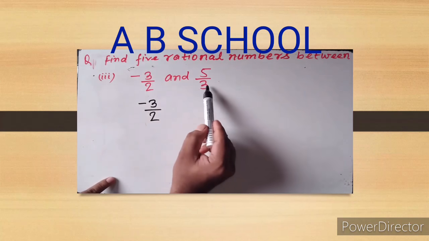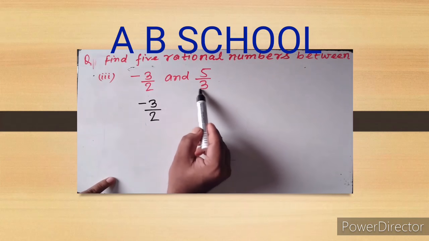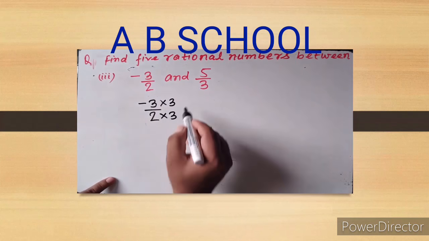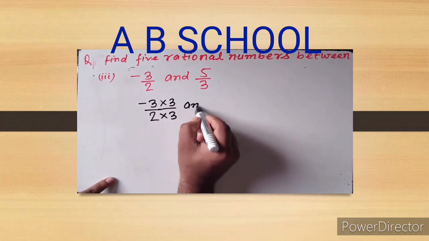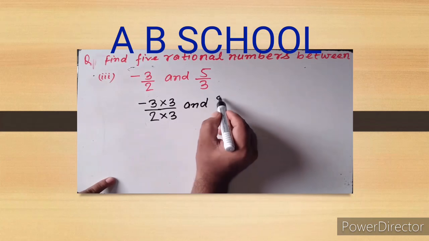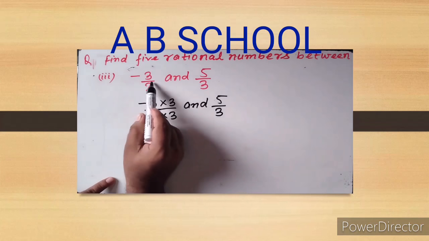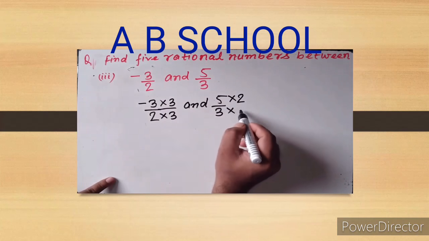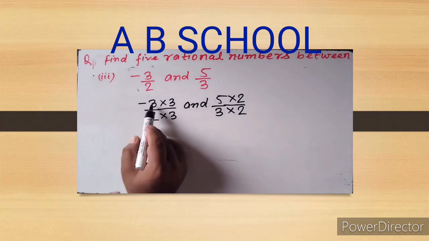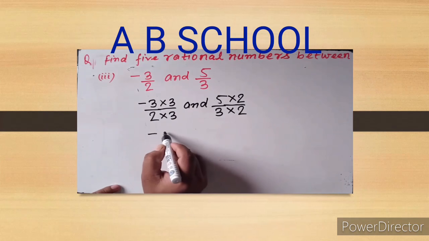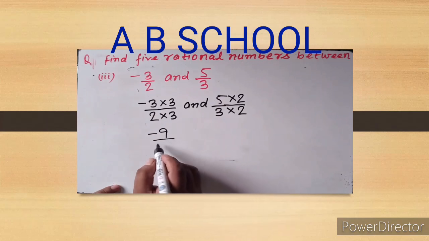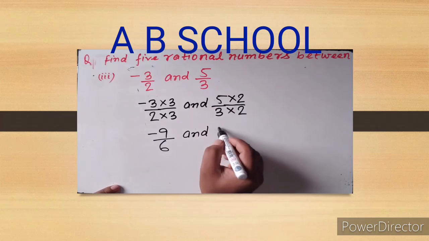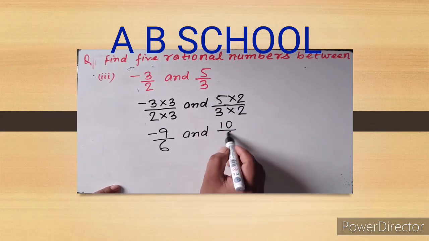The denominator of this rational number is 3, so you will multiply its numerator and denominator by 3. For the other, the denominator is 2, and we will multiply both numerator and denominator by 2. 3 threes are 9, so minus 9 upon 6, and 5 twos are 10 and 3 twos are 6, so 10 upon 6.